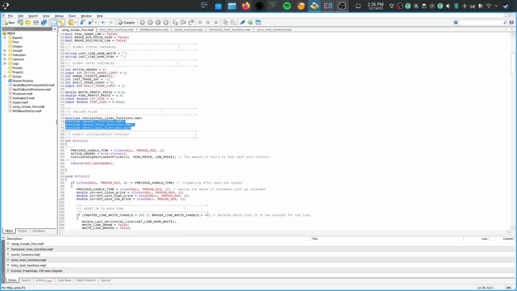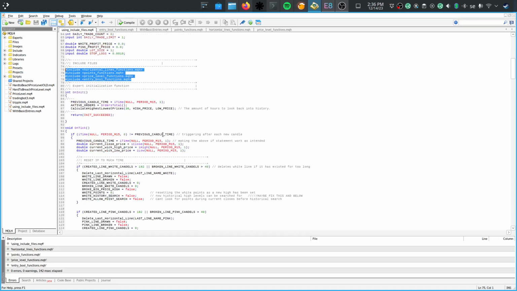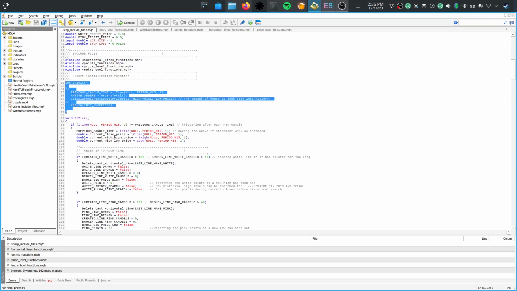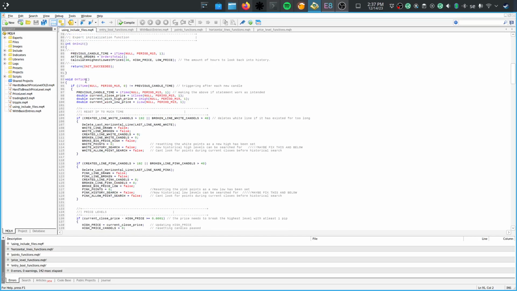I have include files. I then have an on init, to get the stuff I need when I start the expert advisor. So I get the highest price and lowest price and time and stuff. And then I have, of course, the main function, the on tick function. So every tick in the market, this function will trigger.